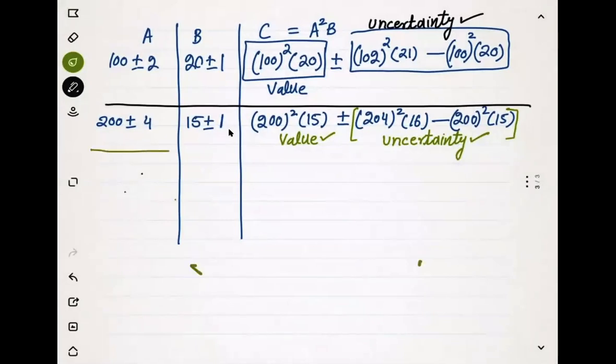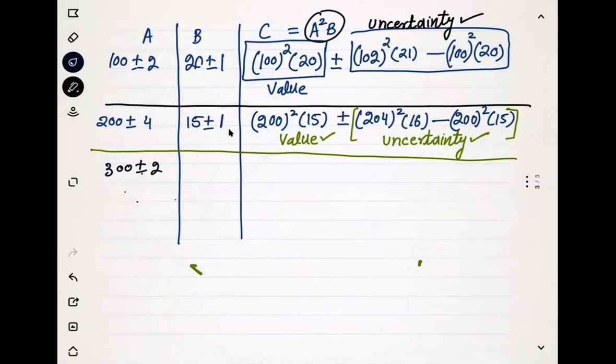So I can go with a third value to make the concept more clear. So basically C is A square into B. Now if A is, for example, 300 plus minus 2 and B is, for example, 10 plus minus 1, what would be the value of C?